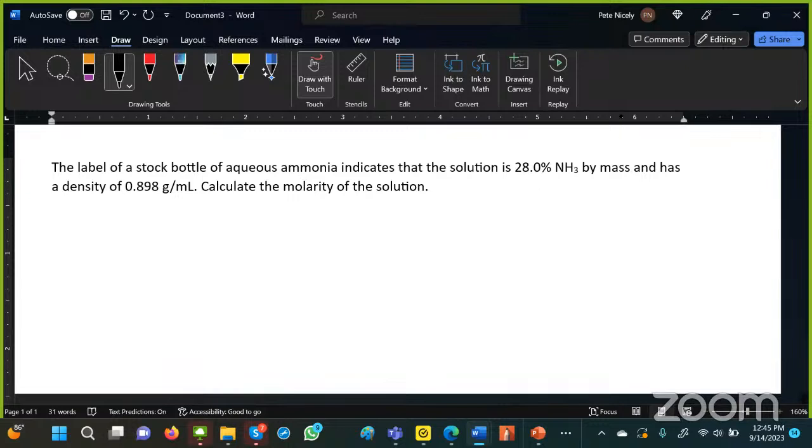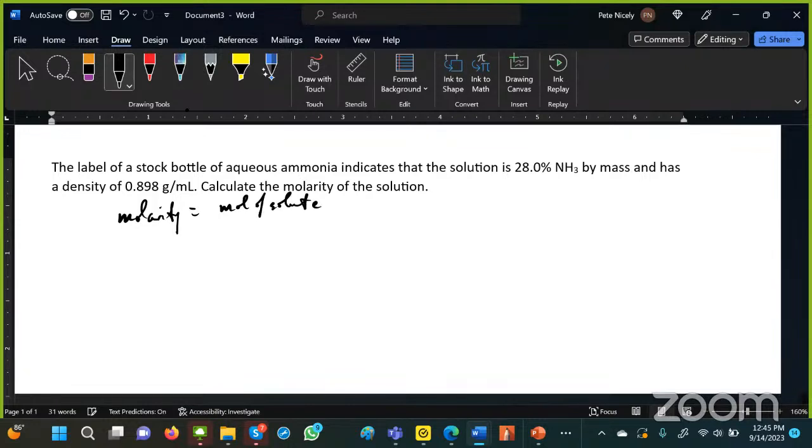So let's remind ourselves again of what the molarity by definition is. Molarity is equal to the moles of solute divided by liters of solution.